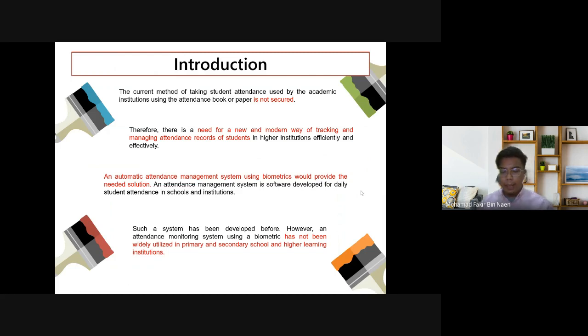Besides that, the attendance form can be misplaced or lost during the circulation. Therefore, there is a need for a new and modern way of tracking and managing student attendance in higher institutions efficiently and effectively. An automated attendance management system using biometrics will provide the needed solution.